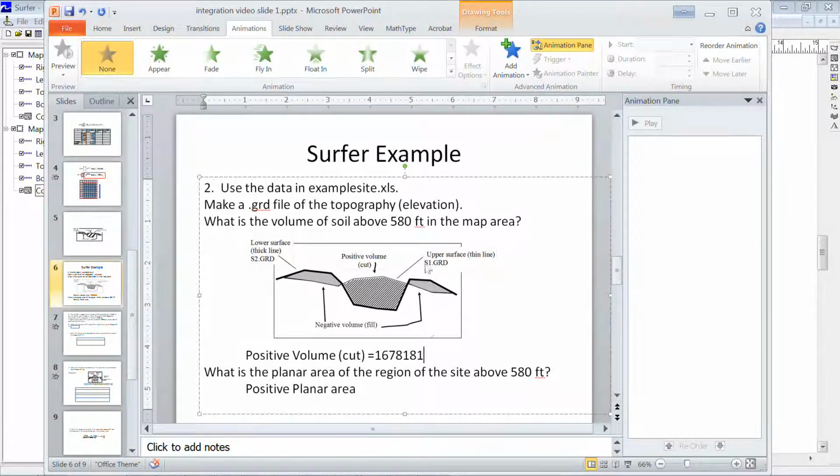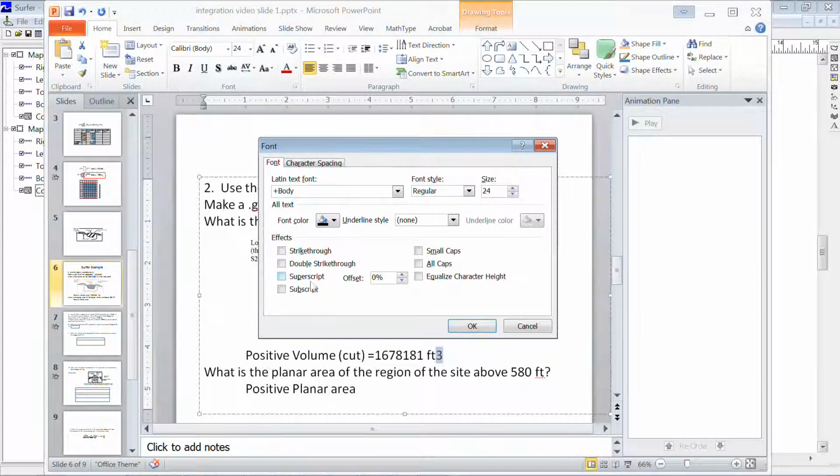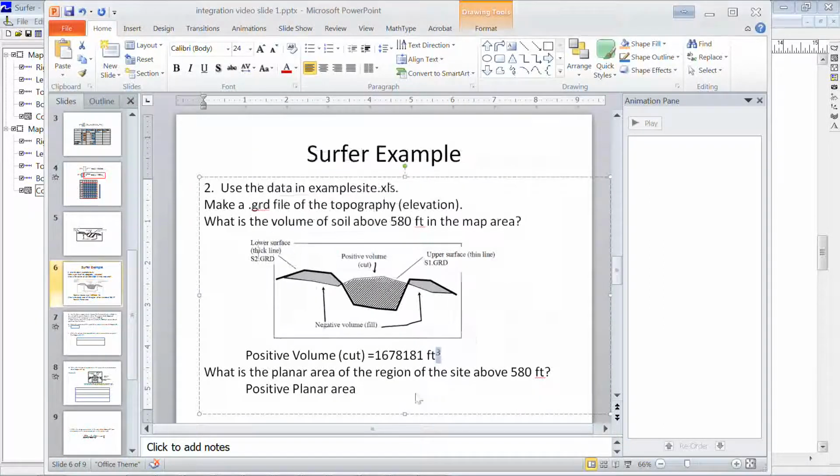And for our file, in this particular case, the elevation is in feet and the x and y coordinates are in feet, so the units of the integral are in cubic feet. So that's pretty easy. It won't always be that easy in terms of the units.